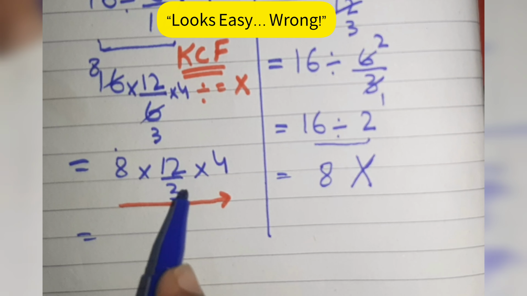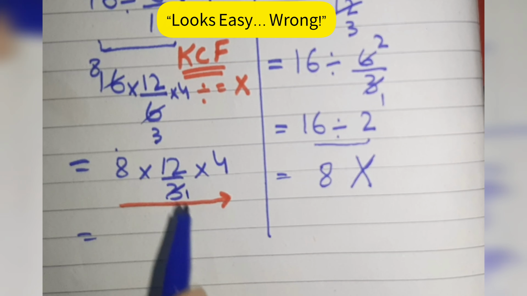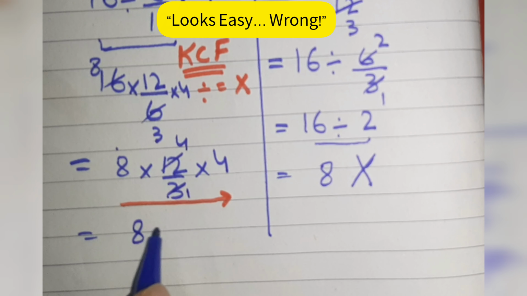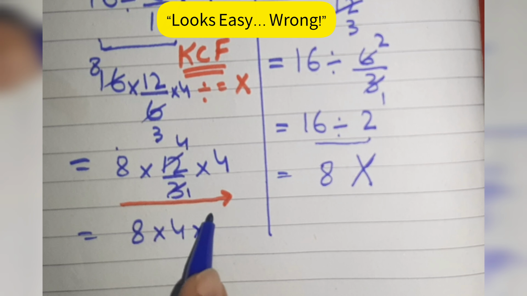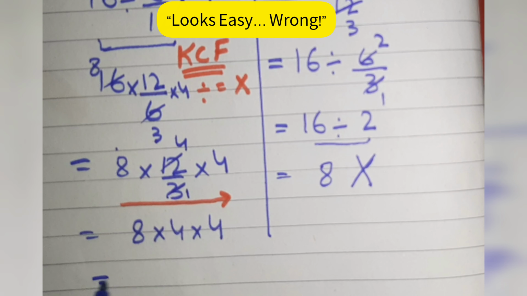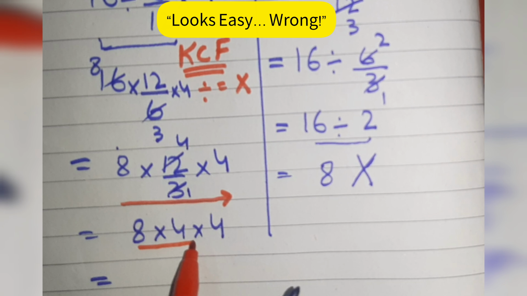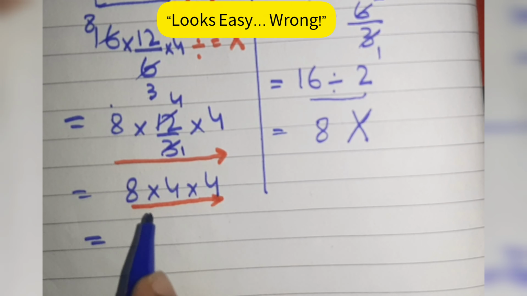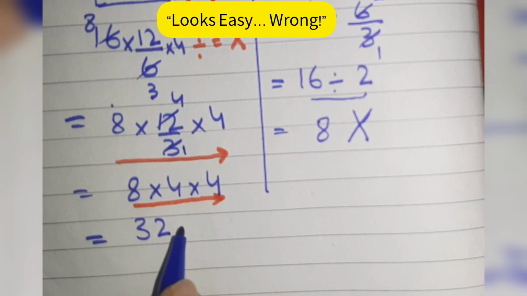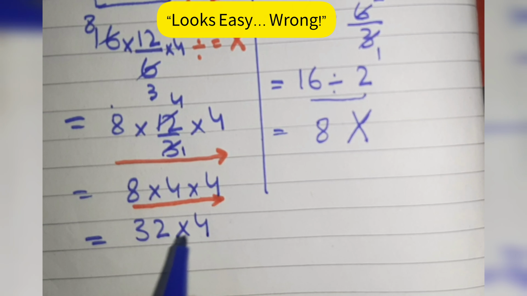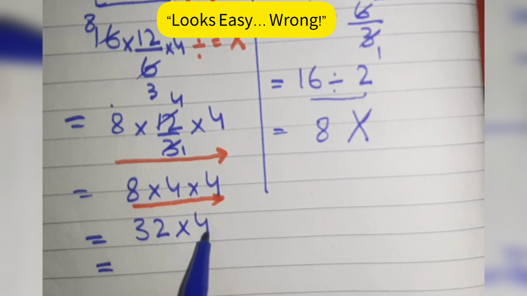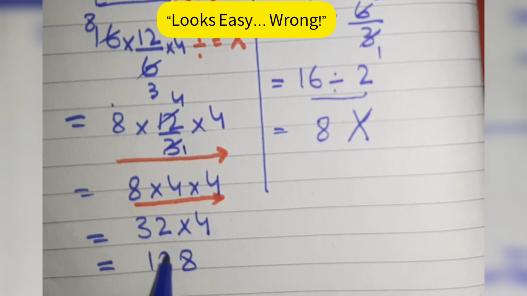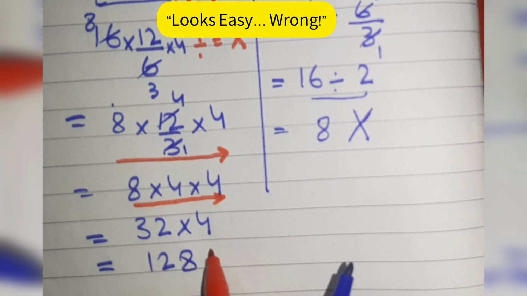Now 3 cancels 12, 4. 8 times 4 times 4. Now 32 times 4 and final answer 128. So the right answer.